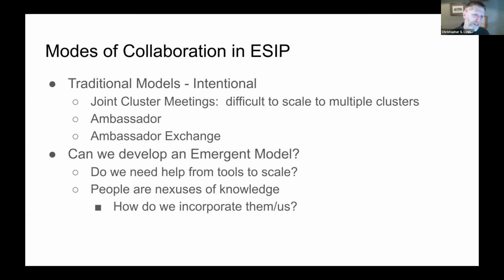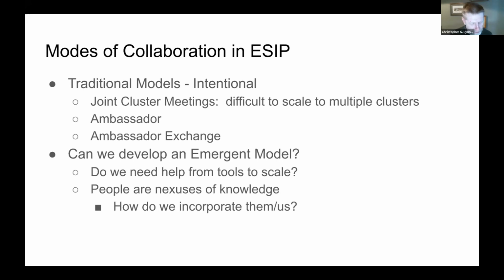And so what I'm asking the community is, can we develop an emergent model where we can combine the tools and the relationships amongst us, both in the tool and in real life, to somehow make these collaborations happen a little bit more, I'm going to say, organically. The same way, for instance, that you've got relationships that happen, not always in a good way, admittedly, in Facebook and LinkedIn and things like that, and in all those social tools.